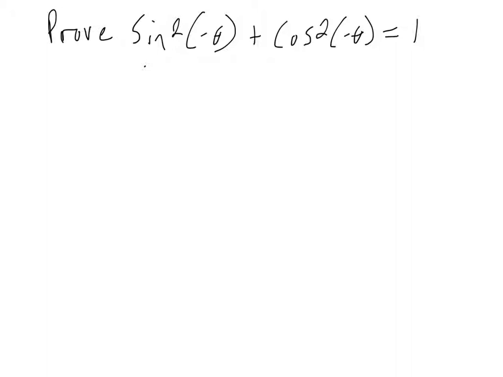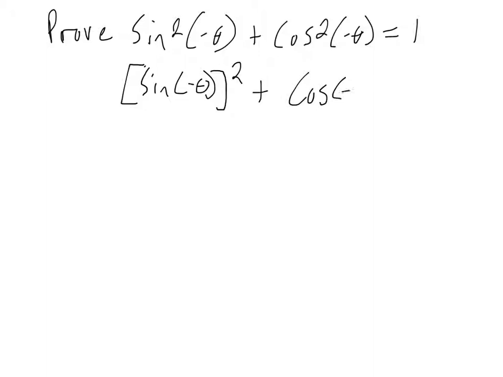The first thing I would do here is realize this is just sine of negative theta squared. That's just what that notation means. And this is cosine negative theta squared. So I'm just going to work the left side of the equation here. Sine negative theta is equal to negative sine theta. All right.